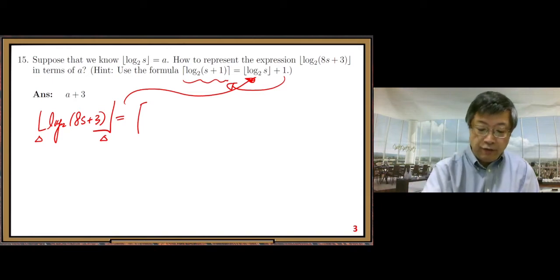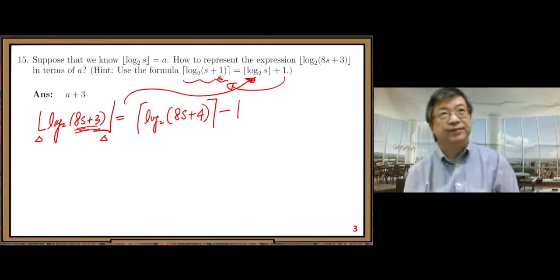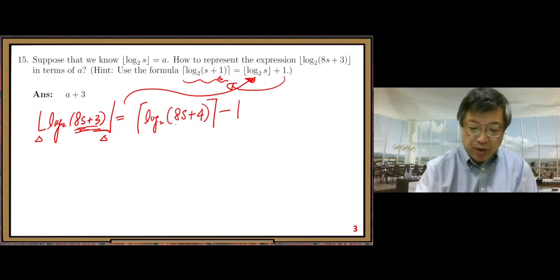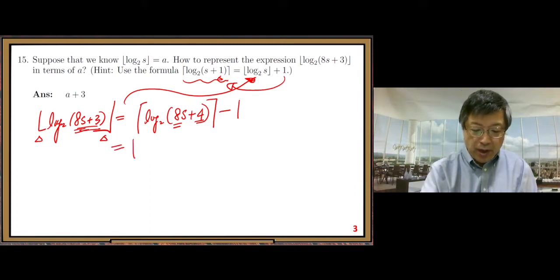So we will have log base 2 of this whole thing, 2s plus 3, plus 1. Here we need to add 1. So we get 4. Minus 1. How about that? The good thing about this expression is that you have a common factor 4. That's something we really needed.